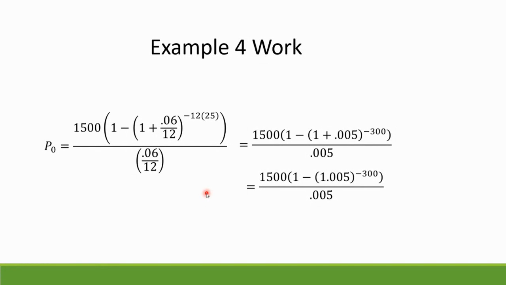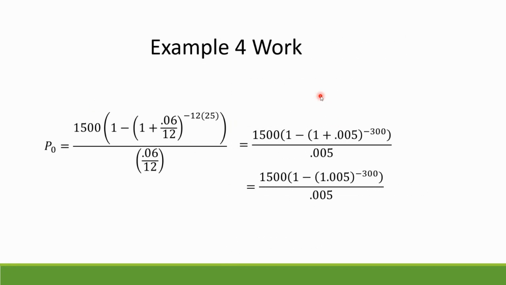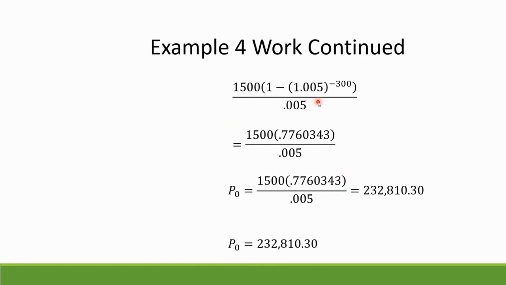Now we just do the calculation as before. Again, you want to work with numerator and denominator separately. In the denominator, you just divide. In the numerator, we have a bunch of parentheses, so let's use order of operations. We do the innermost one first. We get this, and we're raising it to the negative 300. This was the same as over here. Here we have to use a calculator, of course.